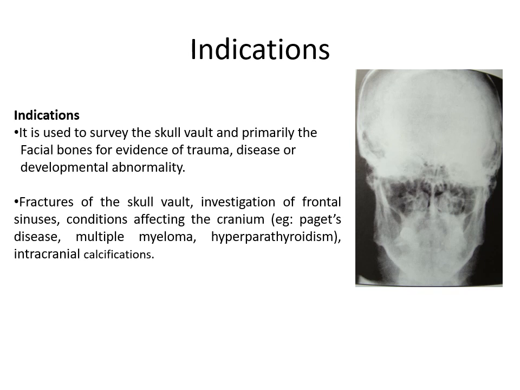For example, fractures of the skull wall, investigations to examine the frontal sinuses, and conditions affecting the cranium, where the size of the cranium may be increased in conditions like Paget's disease, multiple myeloma, and endocrine disorders like hyperparathyroidism, and sometimes we can see intracranial calcifications in the cranial vault. So that is about the indications of postero-anterior skull view.